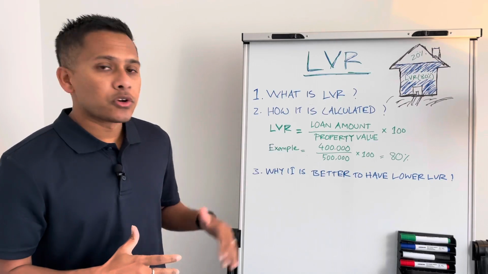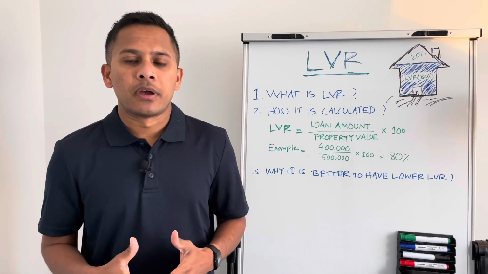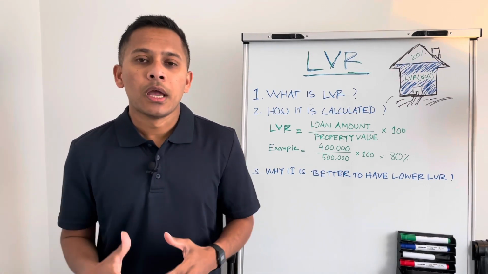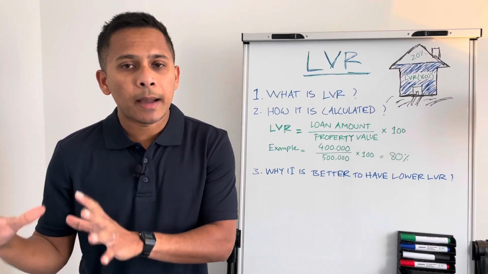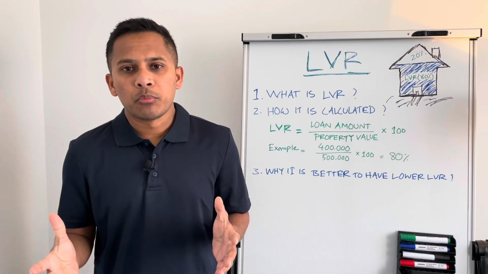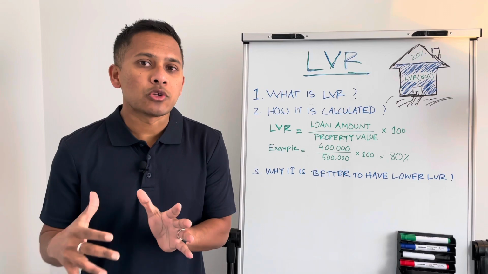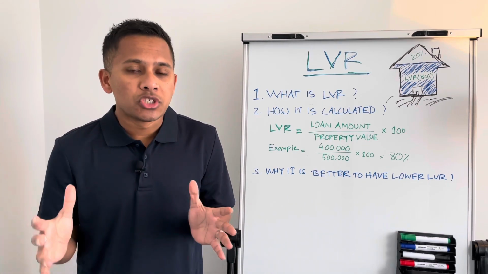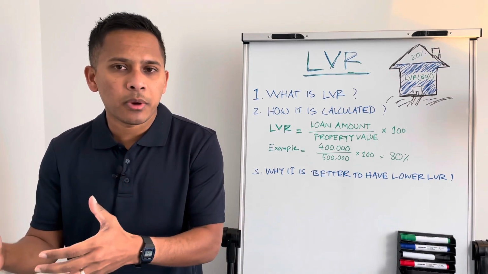But there's another question that people often ask: what's the maximum LVR? I think what they normally ask is what's the maximum they can borrow. Banks can usually lend you up to 95% LVR. In other words, the bank wants you to have 5% equity in your home, which normally comes as genuine savings for first home buyers.